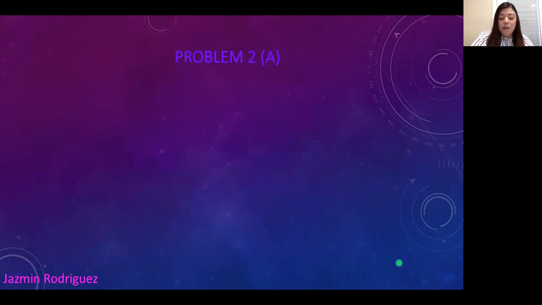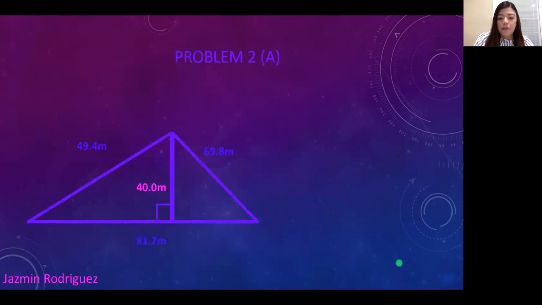Now, okay, for problem number 2, we are asked to determine the area and the perimeter of this figure. And we know that this is going to be a triangle, correct? So in order to find the area of a triangle, we use the formula half times b times h, which means b is going to be our base and h is going to be our altitude.